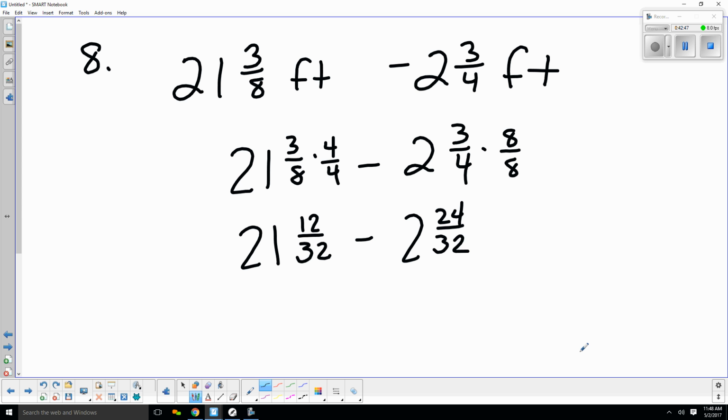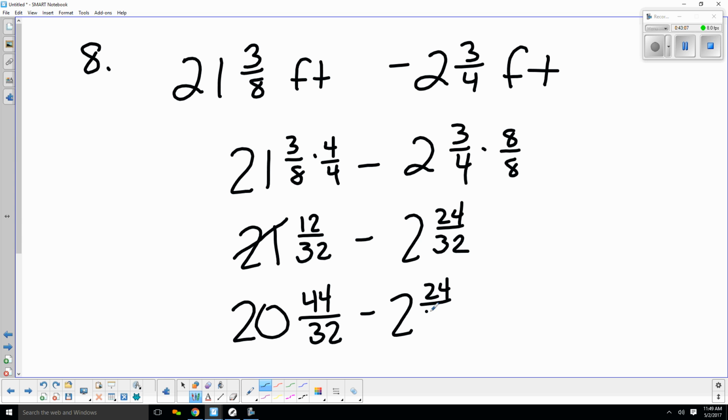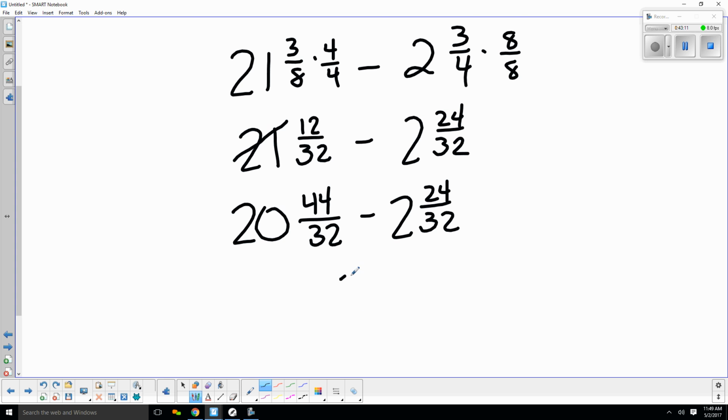of 32. I cannot say 12 take away 24, so I have to borrow. This comes down 1, which means I take this bottom denominator and add it to the top. So this becomes 44 over 32. Now I'm going to subtract.